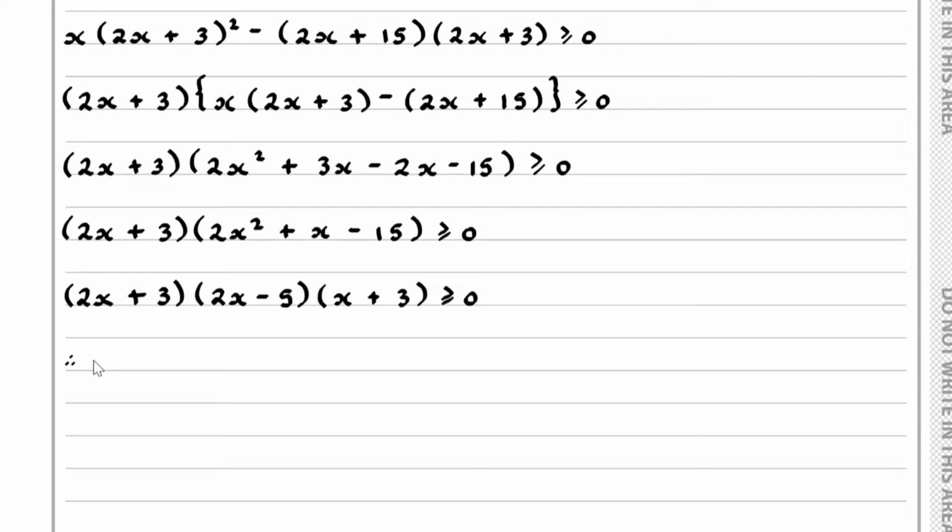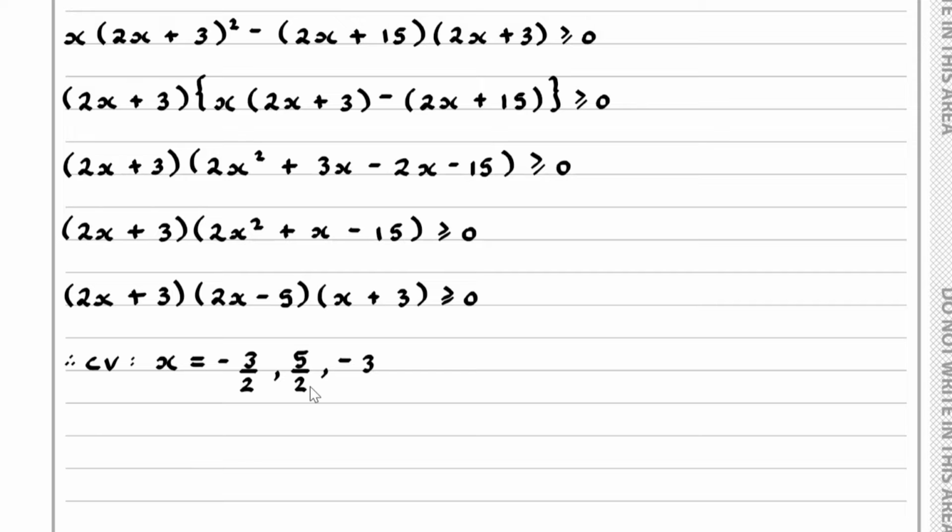And so what we can conclude here, for our critical values, x will equal negative 3 over 2. We also have x equals 5 over 2 and x equals negative 3.